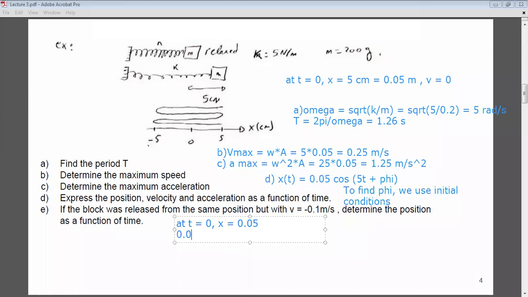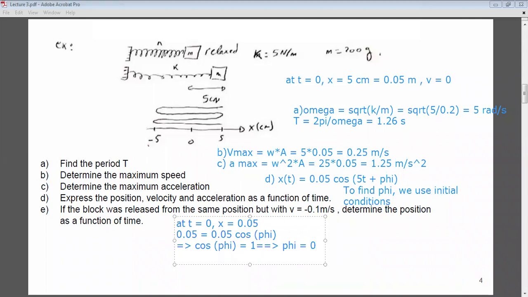So 0.05 is equal to 0.05 cosine phi. This implies cosine phi is equal to 1, right? Because 1 times 0.05 is 0.05, this gives me one value only for phi, and that is 0. Phi is equal to 0.